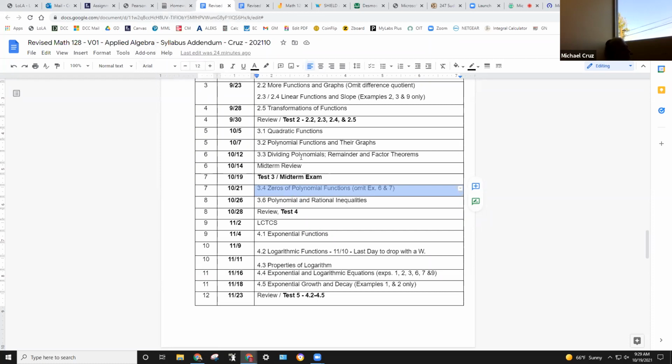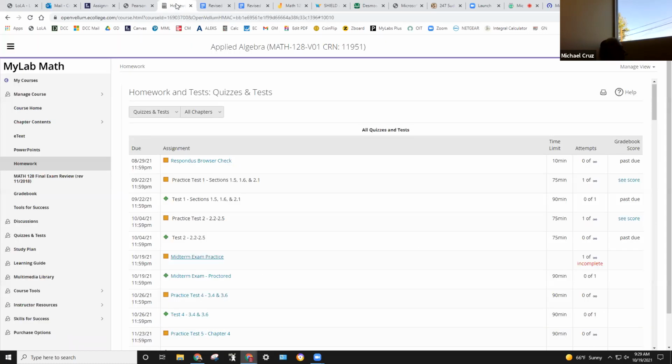It's really just using what you learned in 3.3, and it can be a bit fun because it looks long and daunting, but you can use things that you've learned so far.